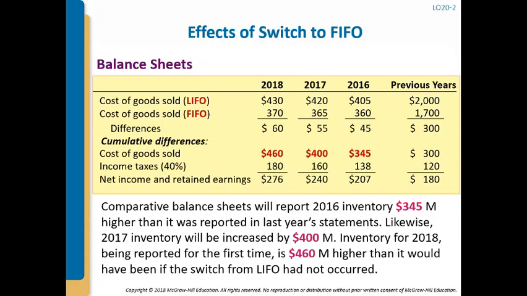So apparently, oh, okay, previous years, I get the point. Previous years, what they're indicating is that inventory would have been 300 million more in previous years, and in 2016 you have an increase in inventory of 45, so now you've got it at 345.